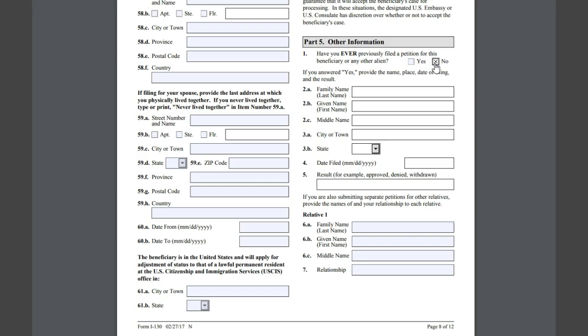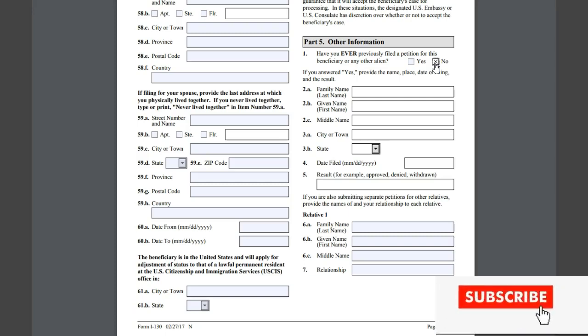That means if it's the first time that you're going to apply for a petition for a family member, you will say no, and then you will leave this blank.